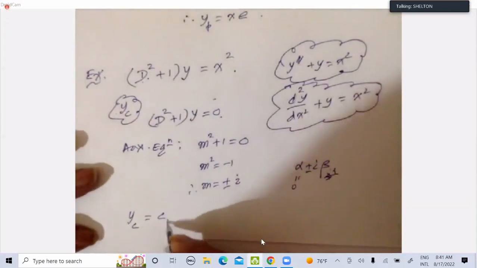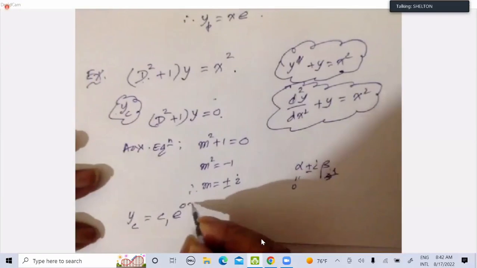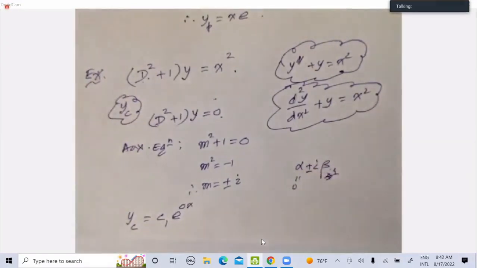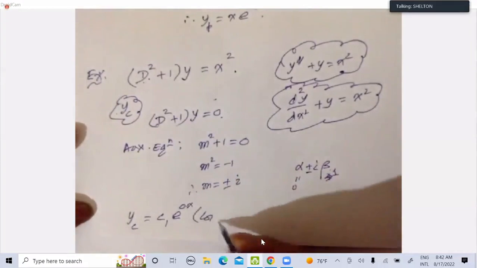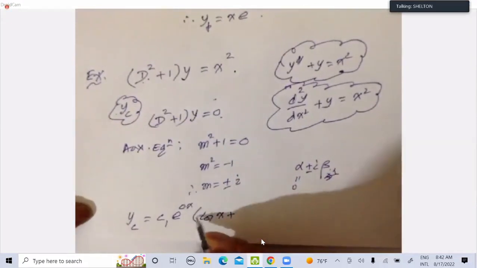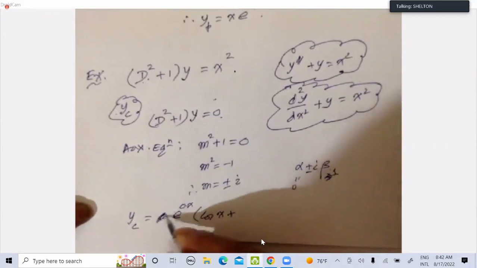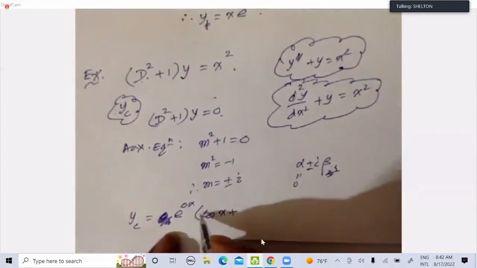Y_C is C1 e to the alpha x, e to the 0x, then cos beta x, meaning cos x. Sorry.